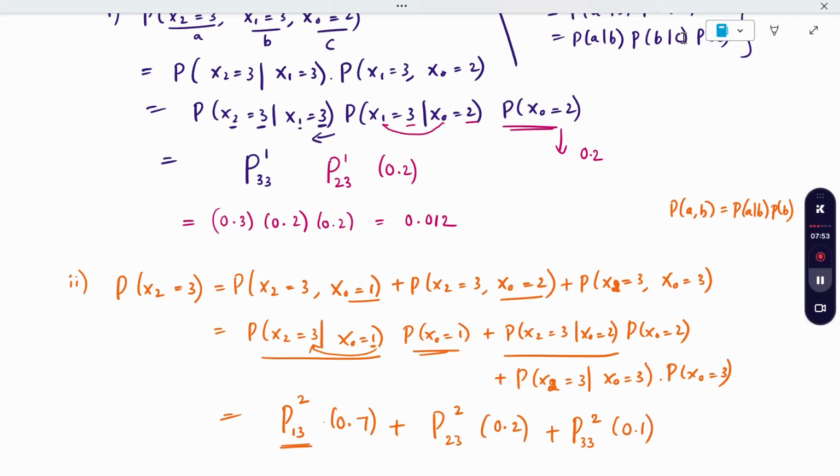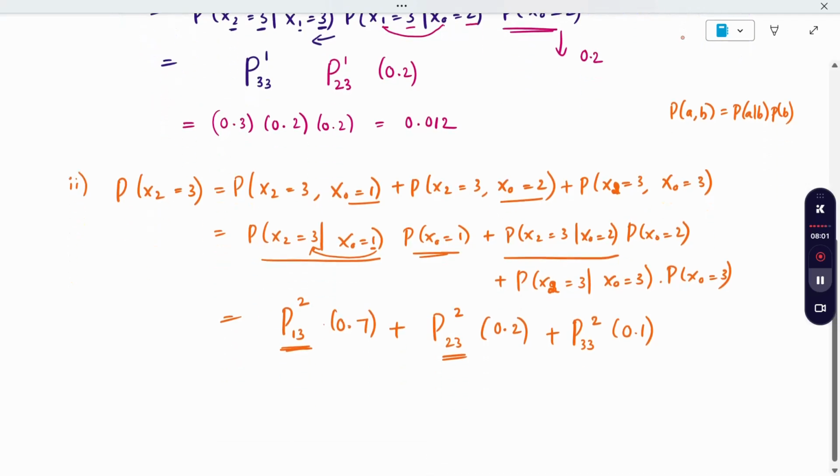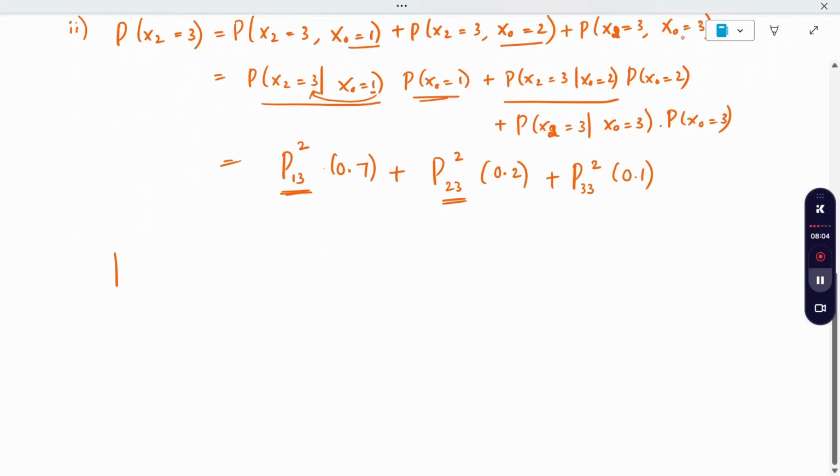So how to calculate this? P13 squared, P23 squared, P33 squared are not given in the question. What we have to do is calculate P squared. P squared is P into P, you multiply it normally: 0.1, 0.5, 0.4; 0.6, 0.2, 0.3; 0.4, 0.2, 0.3.